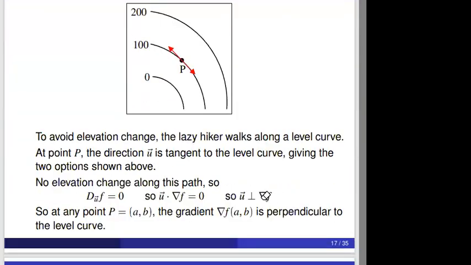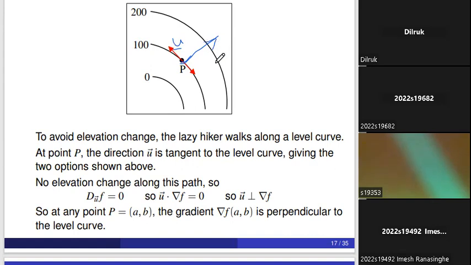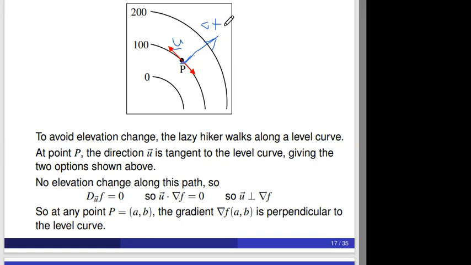For the lazy hiker, if he moves along the level curve, then what is the angle between u, the direction, and the gradient of f? The gradient of f is always in the direction of f increasing.